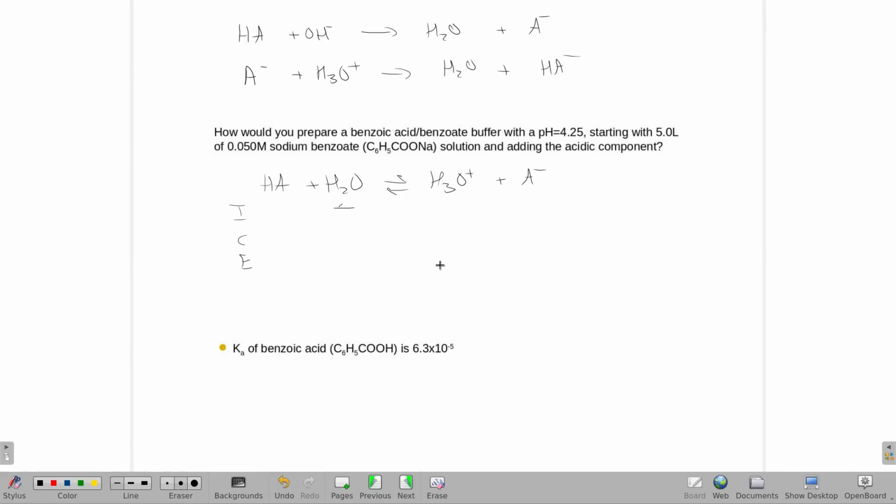We want this to have a pH of 4.25, so when we're all done, we want this to be 10 to the negative 4.25. And we want to get a ratio between these two that will give us that. So I want to look at what our Ka equation looks like for this. It's the same for all acids. And I'm going to do a minor manipulation here. All I'm going to do is pull this H3O out in front of it.